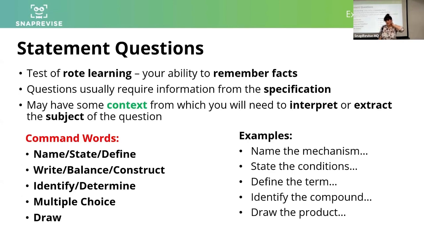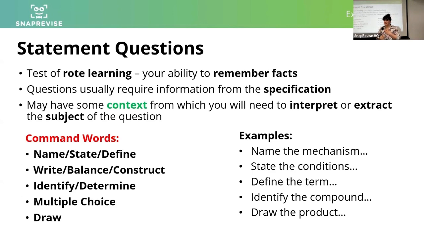So in your specifications, I'm going to say this multiple times, know your specifications. No, it doesn't matter which exam board you're on. If you don't have a copy of your specification in front of you now, I would get it. Print one off, find it wherever it is, get it up on another tab, whatever, get it in front of you. Because the more you use it for your revision, the easier you're going to find your revision. The more you know your specification, the easier you're going to find your exams.